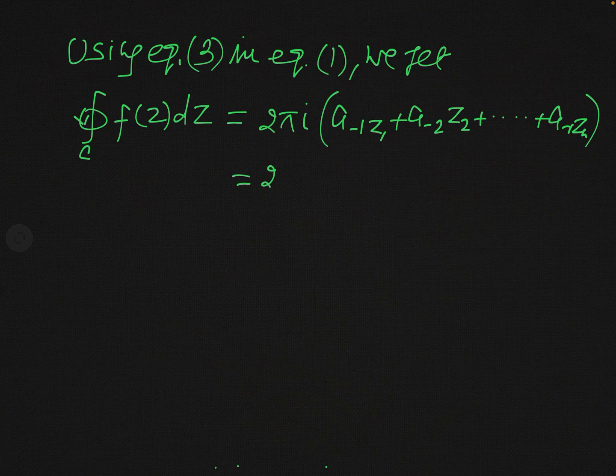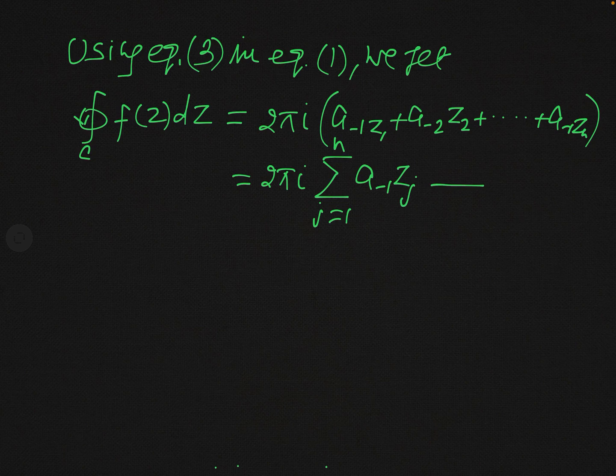In compact form you can write this expression as 2 pi i summation j equal to 1 to n of a minus 1 at zj, where j runs from 1 to n. And you know this is actually the residue theorem.